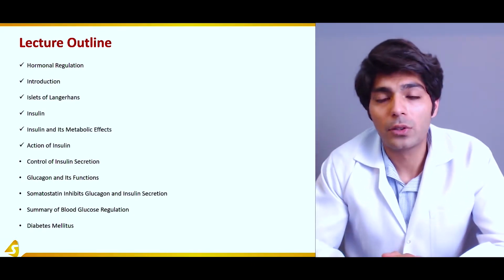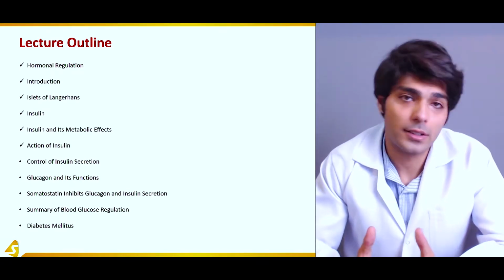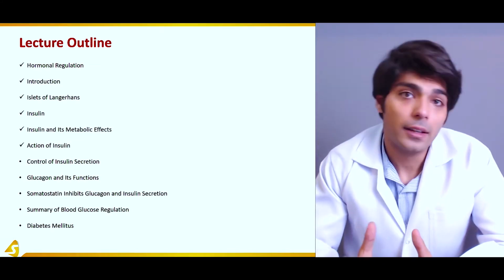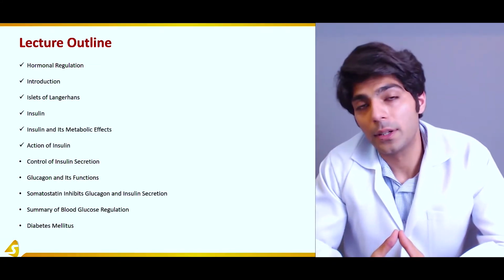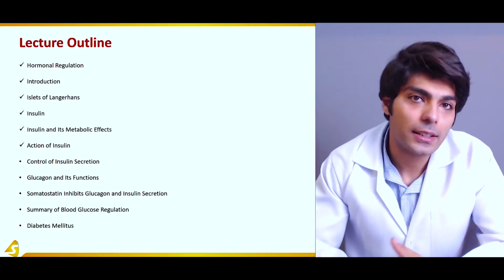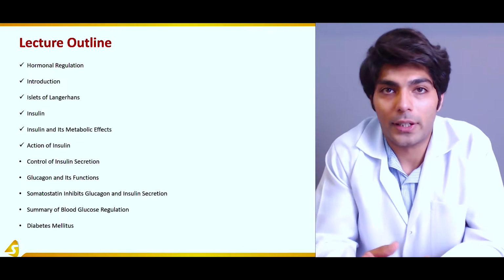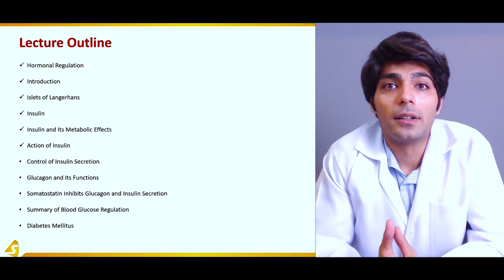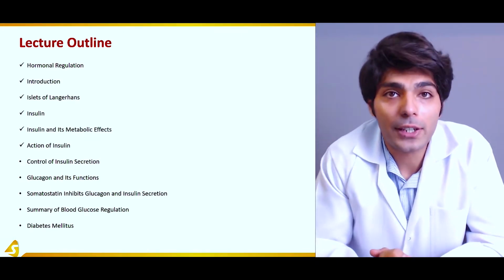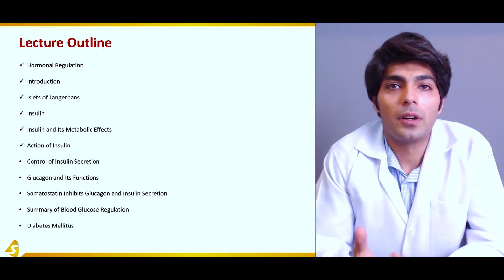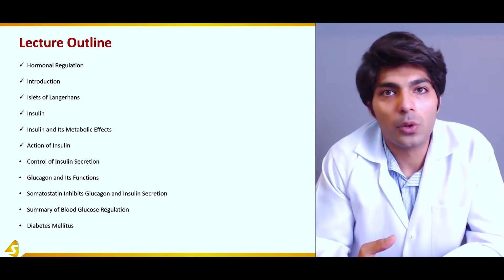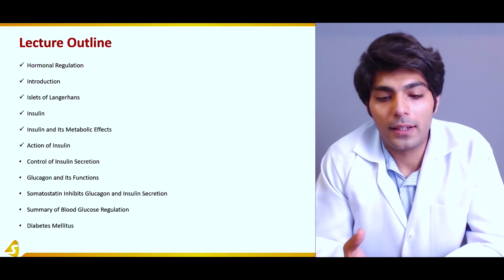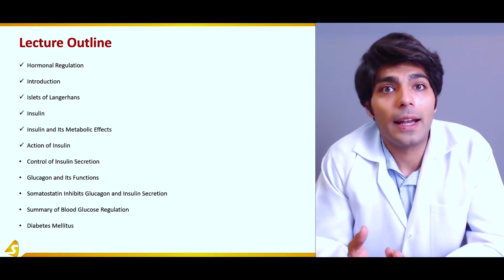Then we discussed insulin and its receptor. It has two alpha subunits and two beta subunits. Once insulin attaches to the alpha subunits, there is autophosphorylation of the beta subunits, performing a tyrosine kinase cascade of reactions. Four major effects are in the liver: glucose is stored as glycogen, and it inhibits glycogenolysis and gluconeogenesis.